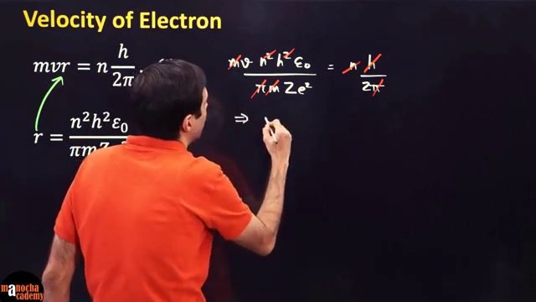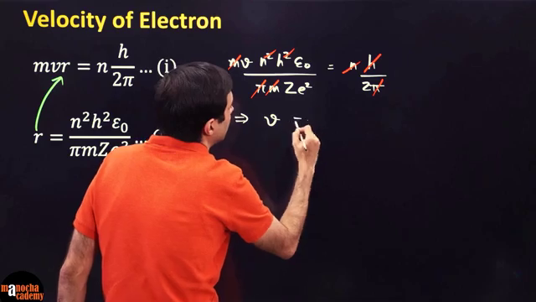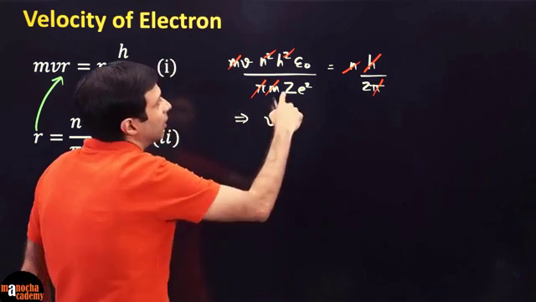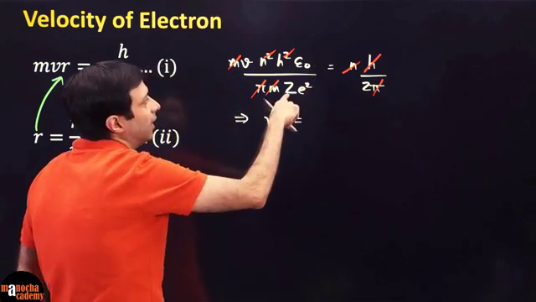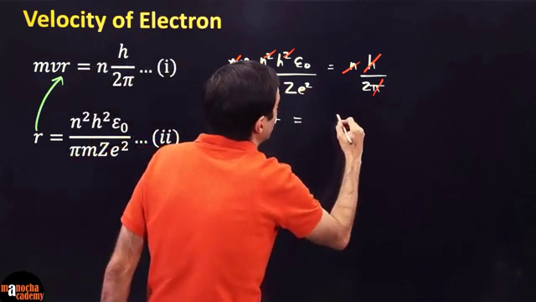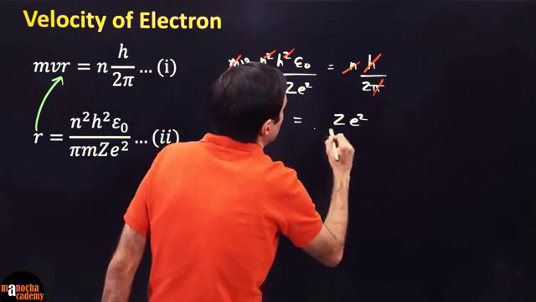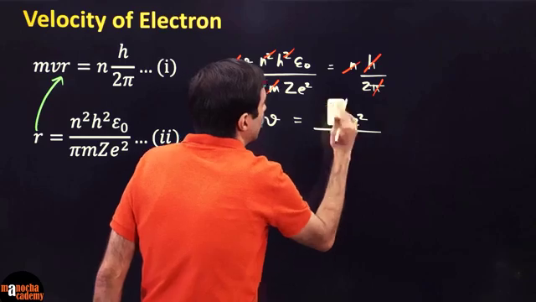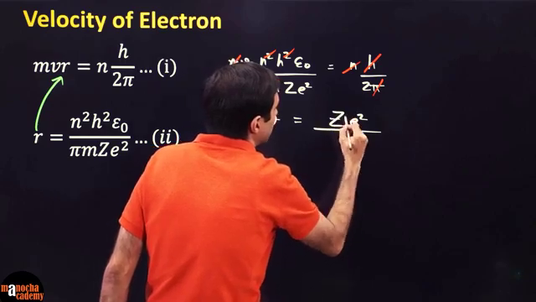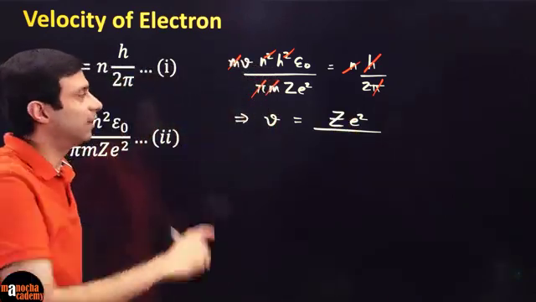So we can say the velocity of the electron v equals, so I'm going to take everything to the right hand side, z square will go on top, divided by, so again this is not 2, this is z. Okay, this is z. You can write it clearly over there.